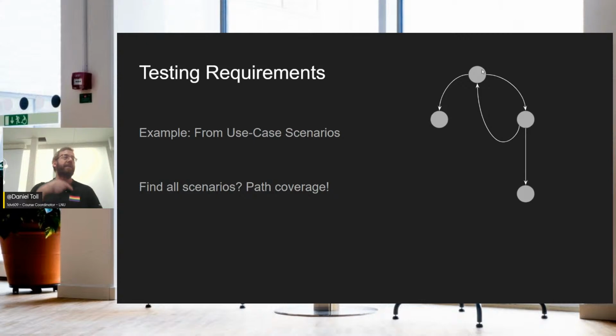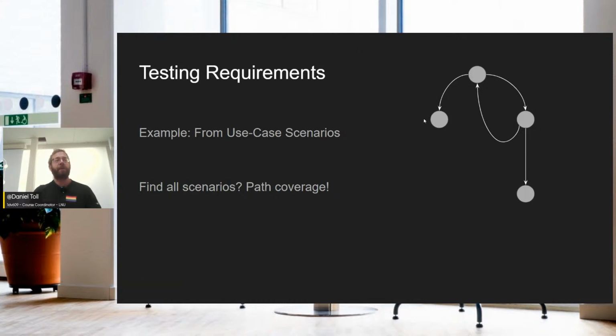The interesting thing here is that when I'm looking at code, we have previously talked about code coverage. It's the exact same thought here with these use cases. So we want to have coverage over these different paths, these different transitions over them. So we want to find all scenarios. We want to find all the paths covered here.